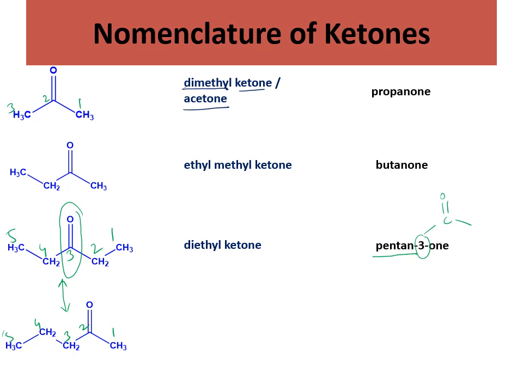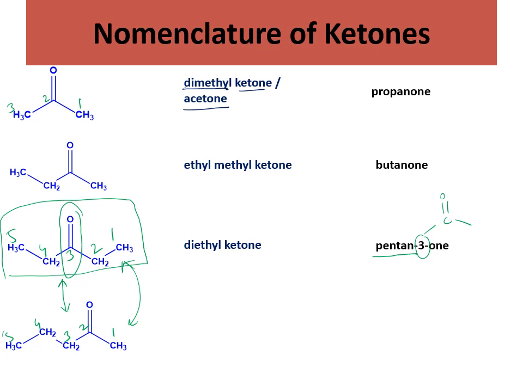But the first example has a carbonyl on the third position, and here it contains the carbonyl on the second position. Both have the same number of carbons, so they are basically isomers of each other, and there is a difference in the position of the functional group. So they belong to the class of position isomers.